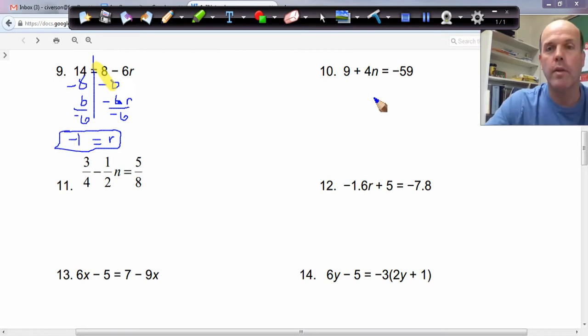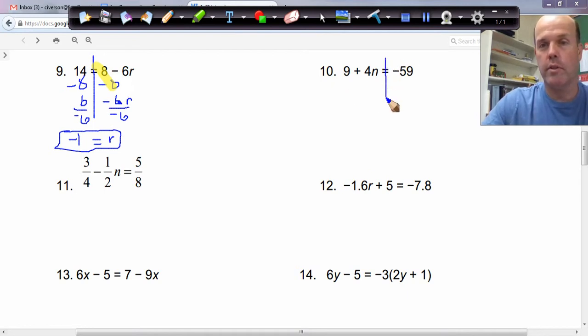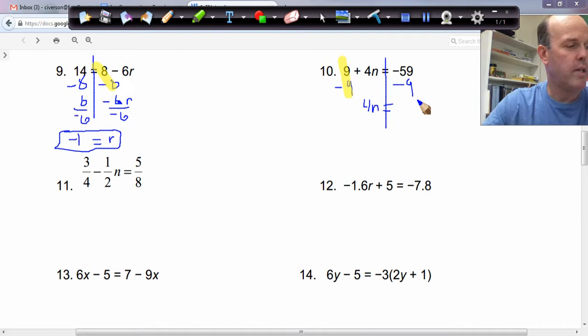Alright. Okay, next one. Let me draw the line straight down to the equal sign. We're going to subtract 9 from both sides. Those are going to cancel, and I get 4n is equal to -59 minus 9, which is -68.